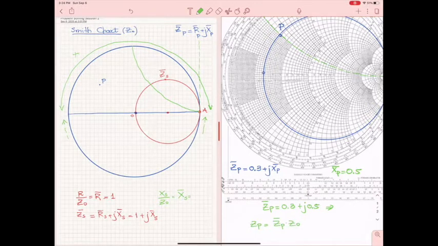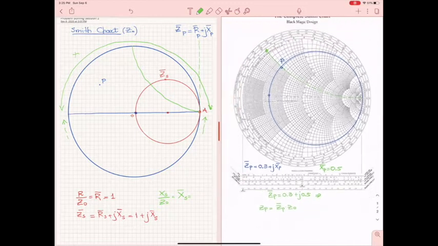That characteristic impedance is whatever I use for my designs, which is normally 50 ohms. All right, so this is how we find points, or from a given point, we find the values.